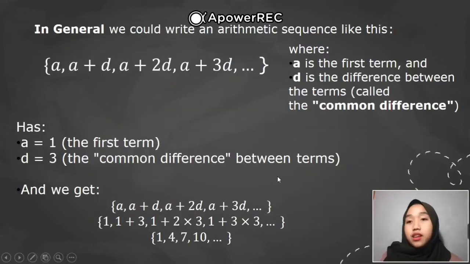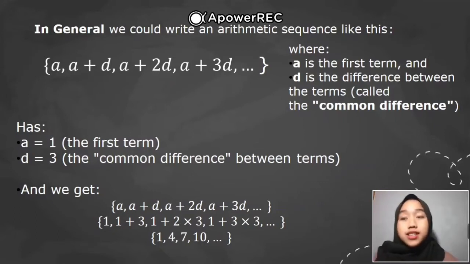So in general, we could write an arithmetic sequence like this: a, a plus d, a plus 2d, a plus 3d, and so on. Where a is the first term and d is the difference between terms, called the common difference.